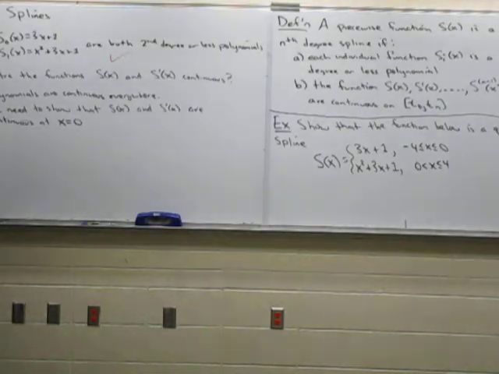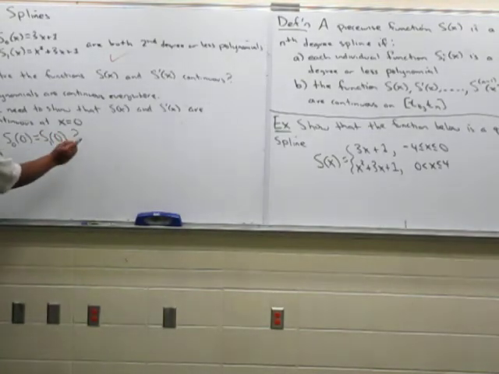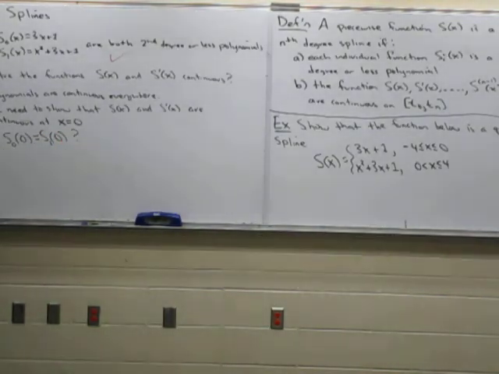That's what we want to do, at x equal to 0. So let's look at s of x real quick. We want to show that s of 0 at 0 is equal to s of 1 at 0. Are these two guys equal? If I plug in 0 into this function and into this function, are they equal at that location?